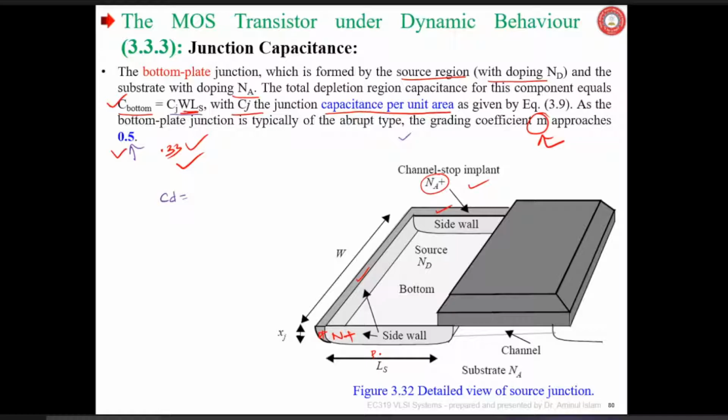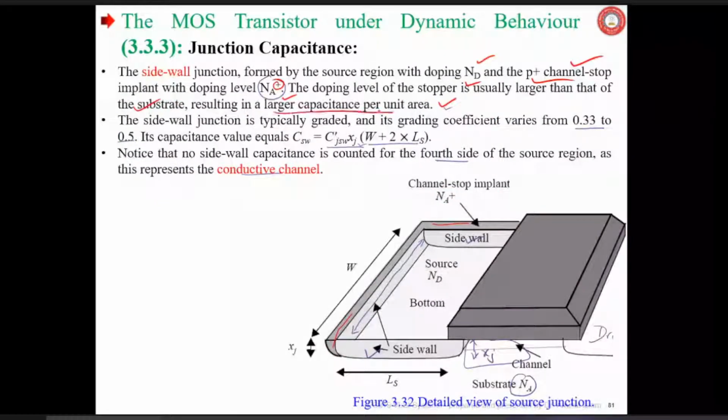The sidewall junction is formed by the source region with doping ND and the P plus channel stop implant with doping NA plus. The doping level of the stop is usually larger than that of the substrate, resulting in a larger capacitance per unit area. The capacitance is larger if the depletion layer width is less. Do you understand this?